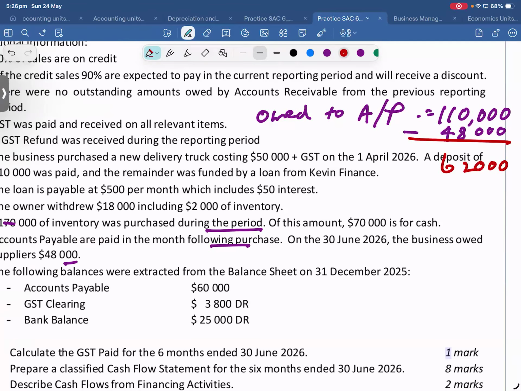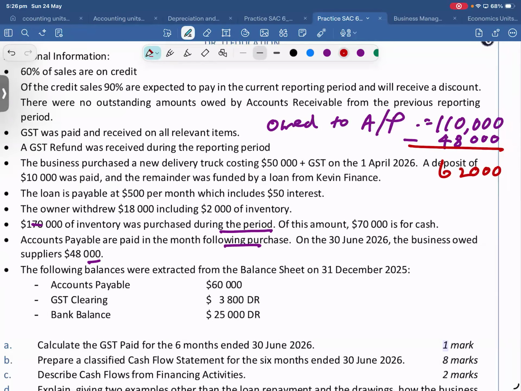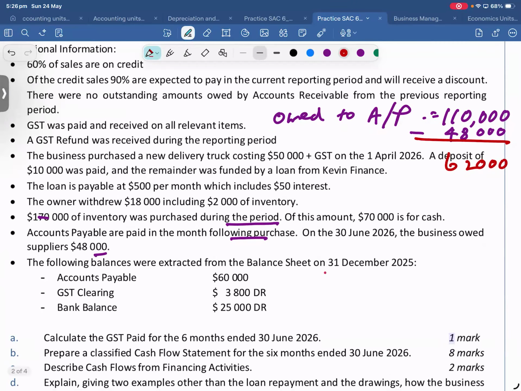Now, do we have a starting balance? Yes, which is, look at this, 31st December, 60,000. What do you think will have happened to this 60,000? It has been paid, when? In this period. That's their policy: whatever we had owed for the previous month will be settled in this period. Then you are going to add that 60 also.